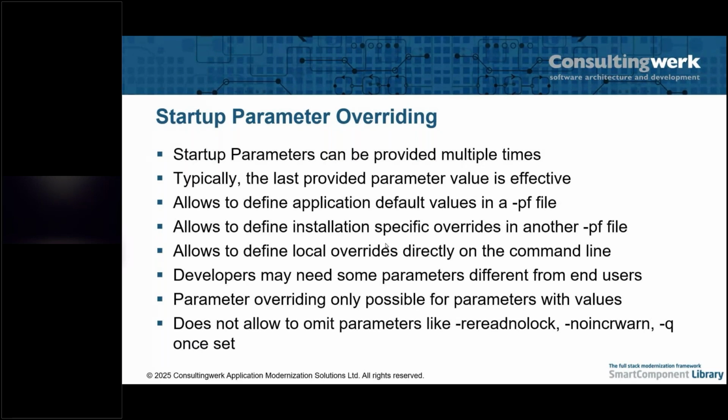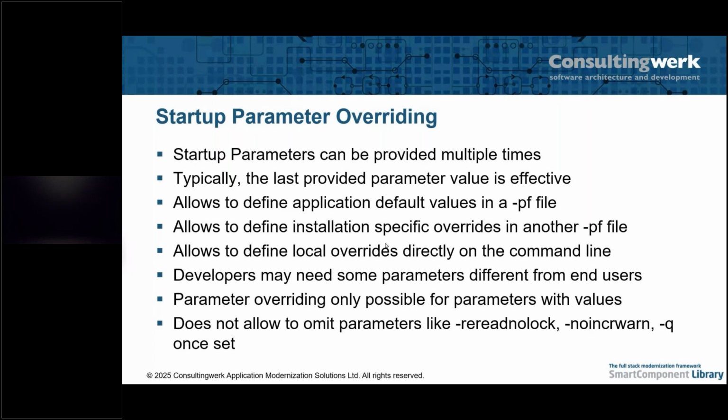It's always ensuring that you're reading the most recent version of the record from the database server. No increment, I'll show that in a couple of slides. -q, quick access, I'll also have details about that in one of the next slides. So there's no way to unset these parameters once they're set, which sometimes is a pity.